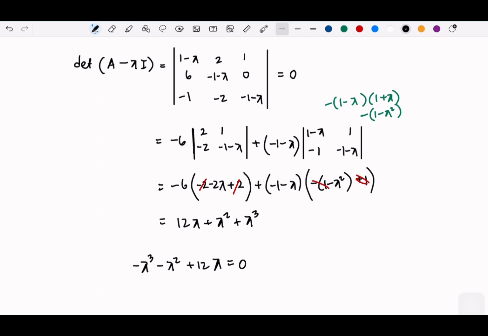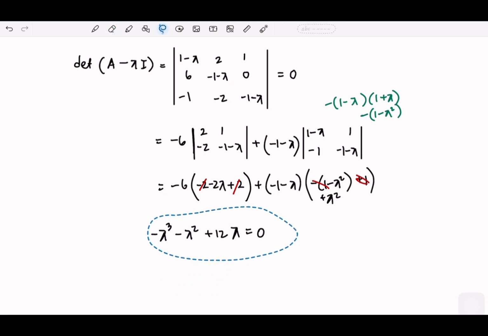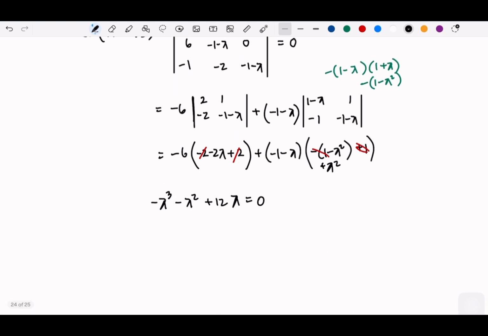Oh, should be plus. This should be plus alpha lambda squared. Yeah, okay, good. Okay, now true. So we can take lambda out, and this will be a normal equation for a quadratic equation.